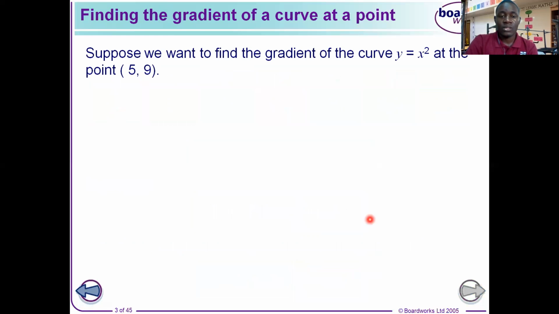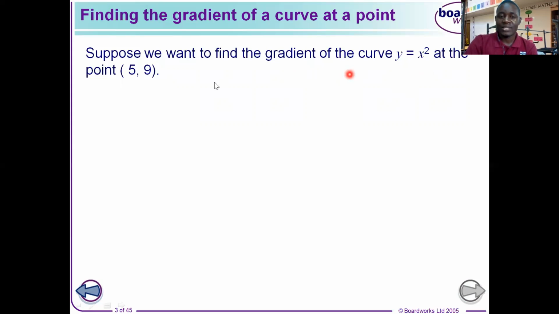All right, so suppose we want to find the gradient of the curve y equal to x squared at the point 5, 9. If we are given a curve y equal to x squared and we are to find the gradient at this point, usually we would be drawing the curve. If we're not using differentiation, we'll be drawing the curve and then drawing the tangent to the curve also.